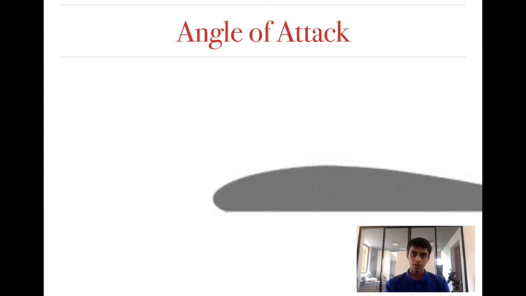So basically, the angle of attack is like this. When an airflow comes and it breaks at the airfoil, one part moves above and one moves below. This is a case where the angle of attack is 0.